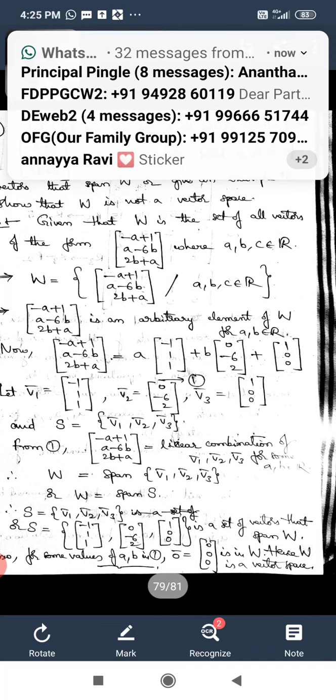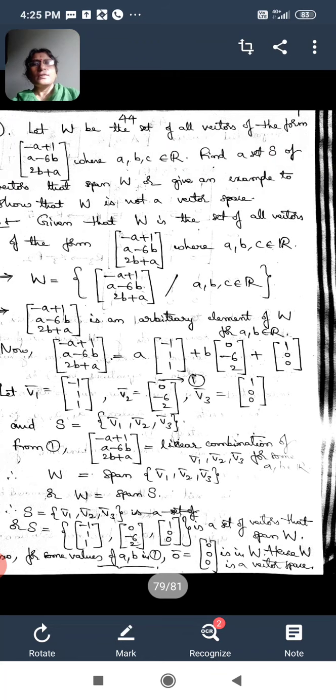So to get the solution of this, first of all consider whatever is given in the problem. We are given that W is the set of all vectors of the form (minus a plus 1, a minus 6b, 2b plus a), where a, b, c belong to R. a, b, c are real numbers in this element.